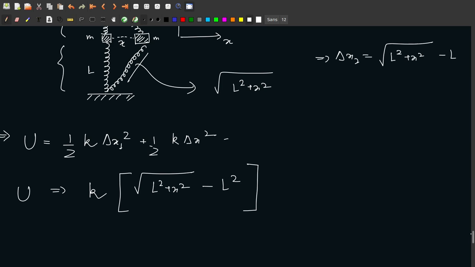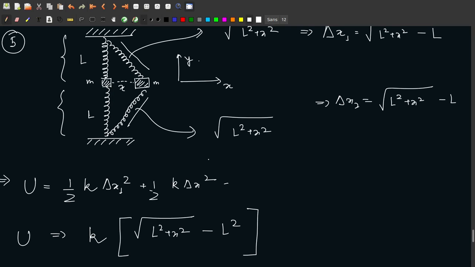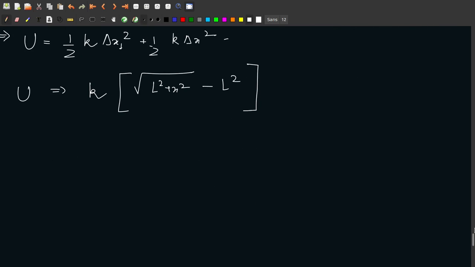And mind you that there is no gravity term, since gravity is pointing downwards, perpendicular to the horizontal plane, so there is no potential energy due to gravity. So this is the potential energy of the configuration due to the extension of the springs. Let me write this in another form.